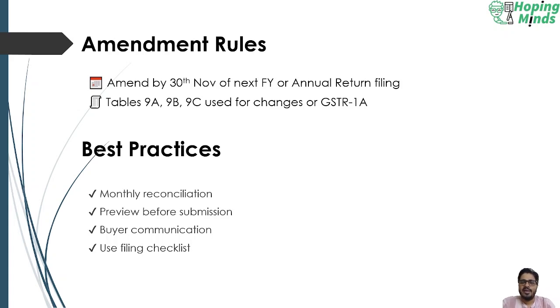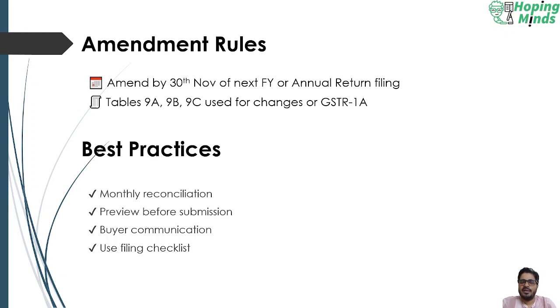For example, if during the month of February I reported a B2B sale as B2C sale in the GSTR-1 for the month of February, I can amend this record in the subsequent period GSTR-1 return, that is in the month of March or April or May or June, but subject to a maximum till 30th November, or if I have filed my GST annual return before 30th November, then such date will be the last date till when I can rectify the error in my GSTR-1 return.